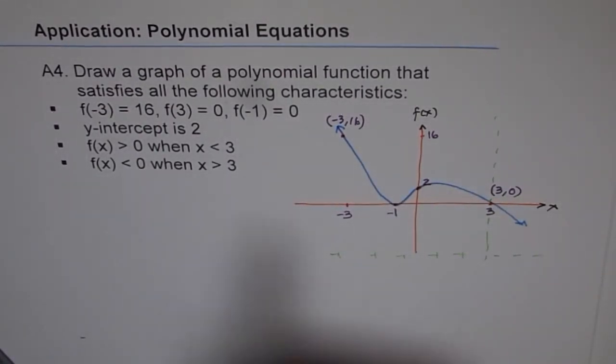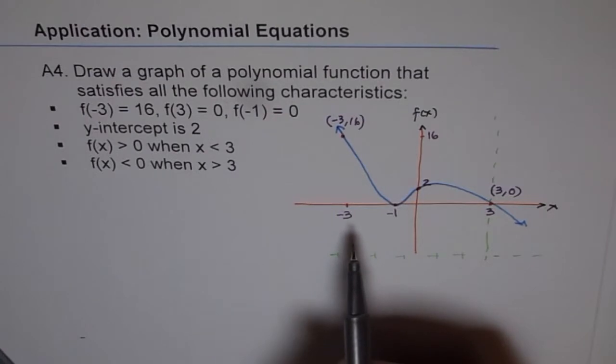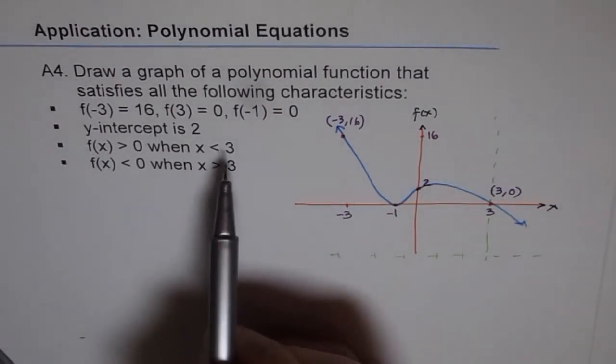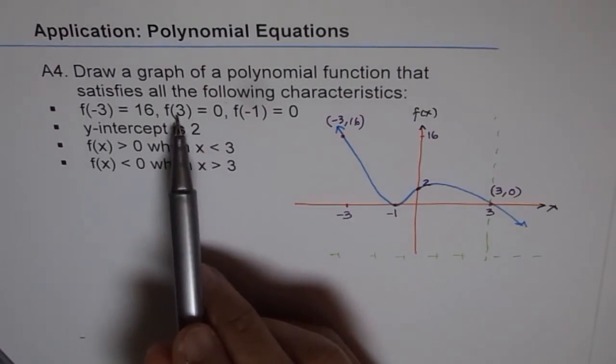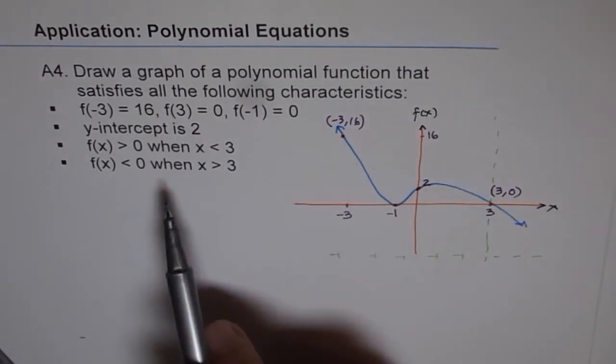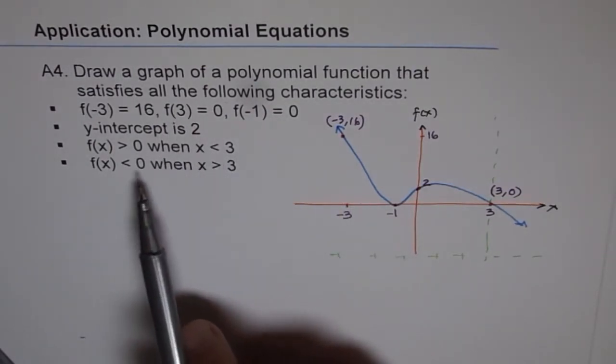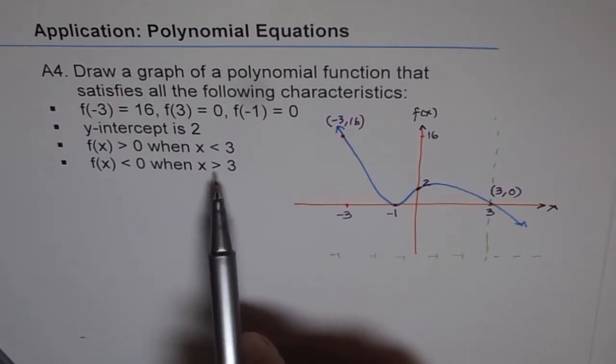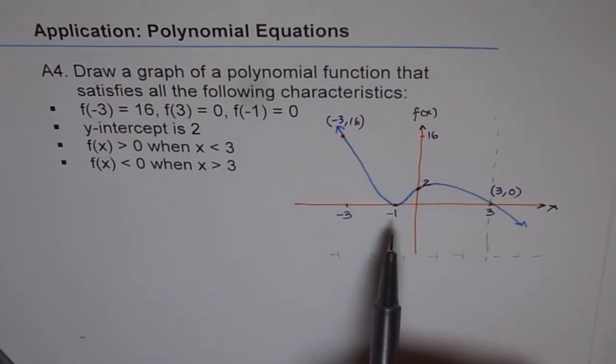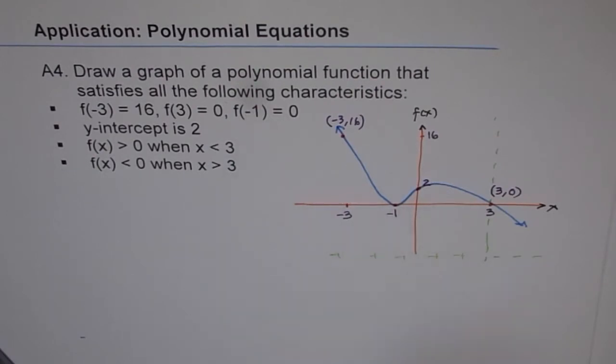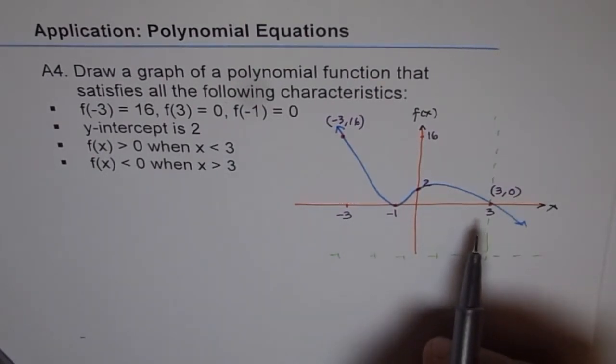However, I see one particular mistake here. Well, it's not a mistake. We have already been given f(3) is 0, so that should be fine. At x greater than 3 it is negative, but at -1 also it is 0. So let's check whether it works fine or not.